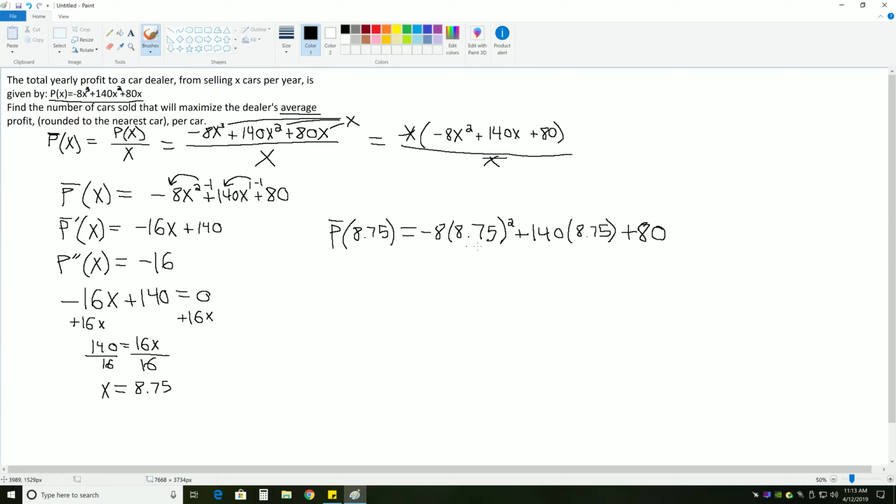And when you evaluate this, you end up getting 692.5. And that is a real answer. It's not imaginary, it doesn't have division by 0, which tells us that x equals 8.75 is a critical number.